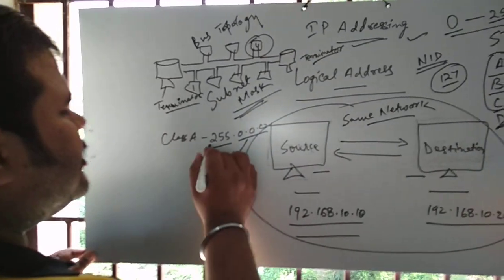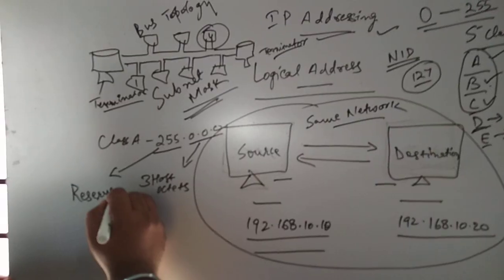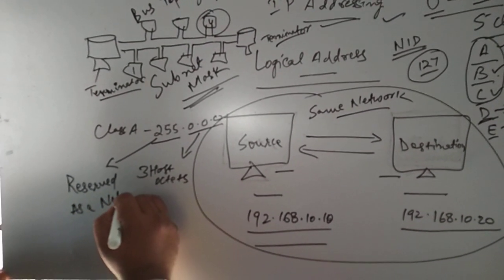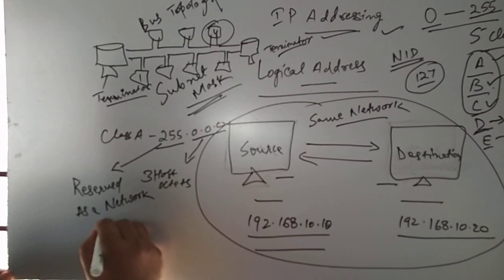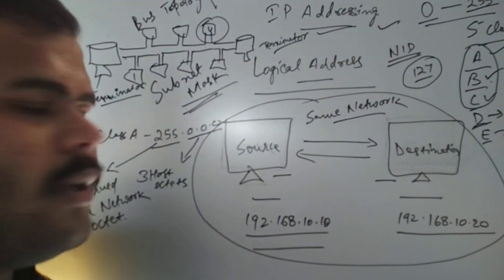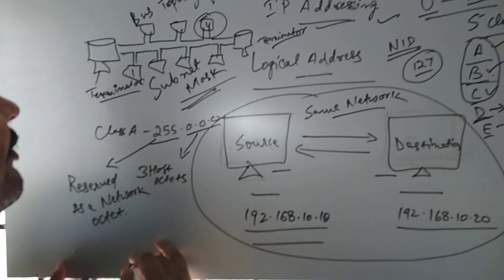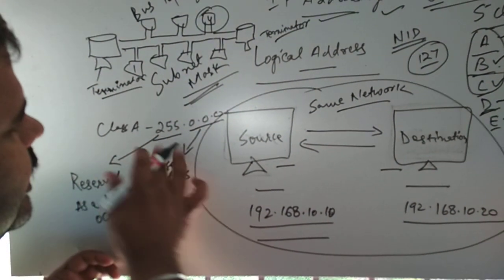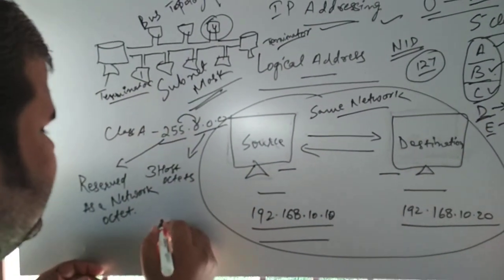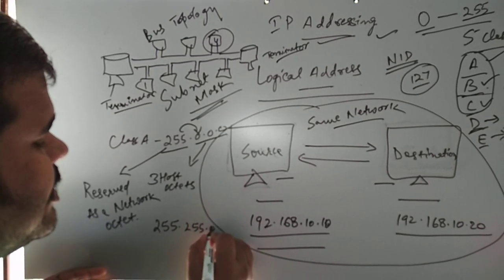And this first octet is reserved as the network octet. Okay, next about class B. When we are talking about class B, a network bit gets shifted to the next octet, and this becomes 255.255.0.0.